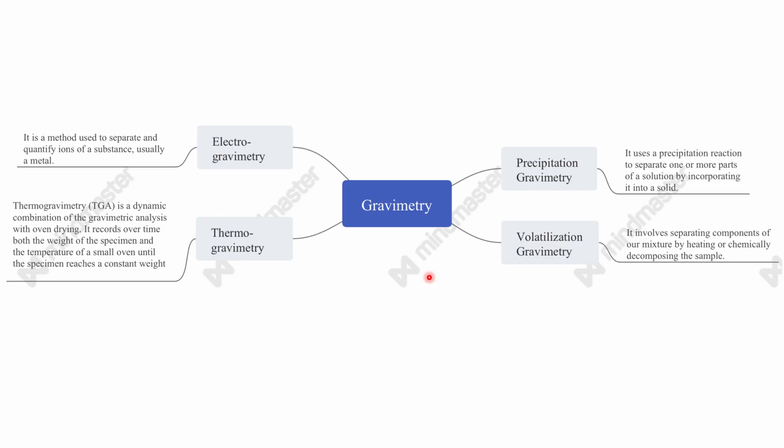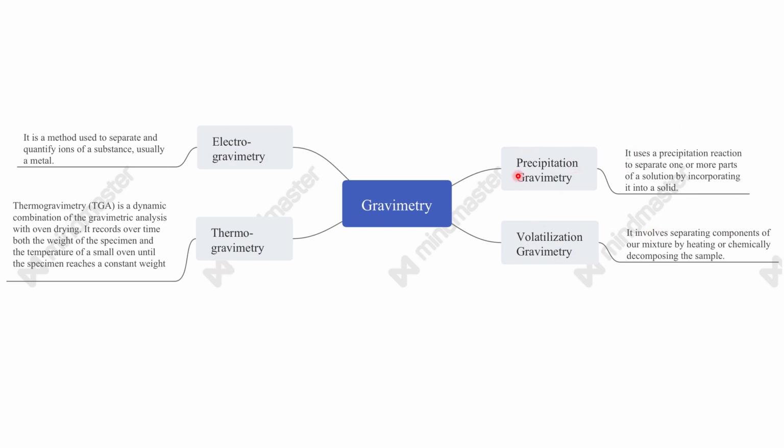There are different types of gravimetry being used in various applications. We have some major ones like precipitation gravimetry, volatilization gravimetry, electrogravimetry, and thermogravimetry. I have written down the definitions here.